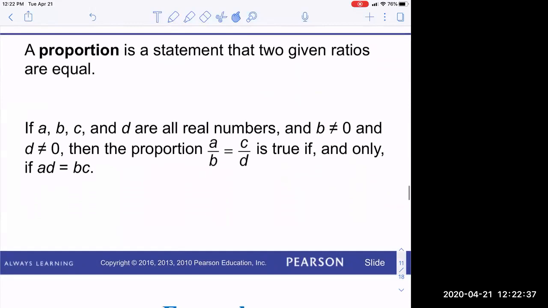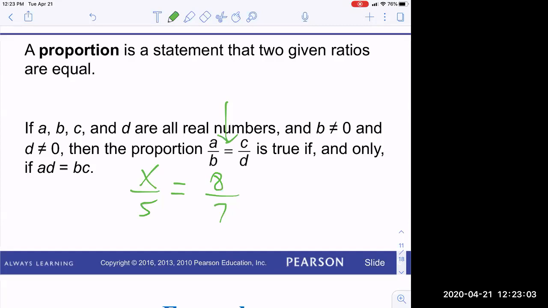Okay, proportions. Notice it's an equation. So you probably grew up solving stuff like x over 5 is equal to, I don't know, 8 over 7. And you probably did some cross multiplying and stuff.